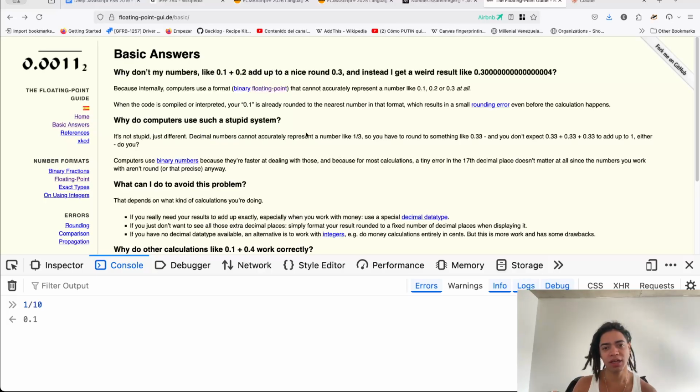A decimal number cannot accurately represent a number like 1/3, so you have to round it. If you want to represent 1 divided by 3, you get 0.3333.